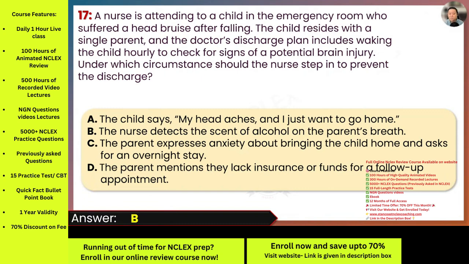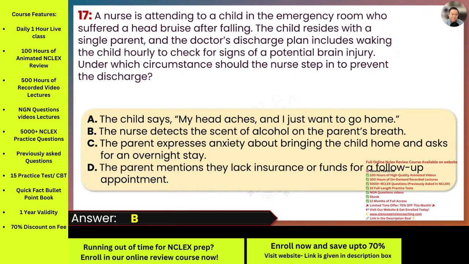The nurse can also give direct contact numbers in case concerns arise when the pediatric patient is discharged at home. And so for this option, the anxiety that the parent is expressing can be manageable when you are educating and reassuring them, and it doesn't justify keeping the child in the hospital unnecessarily.